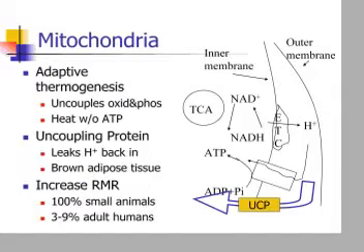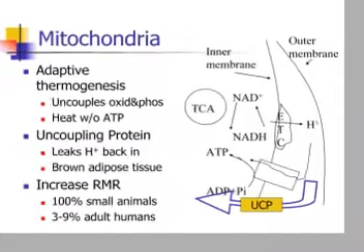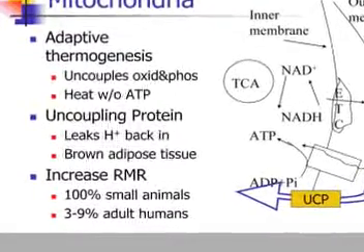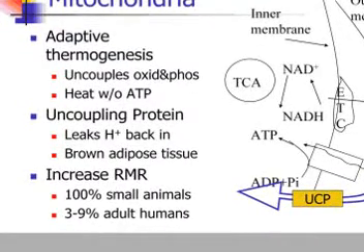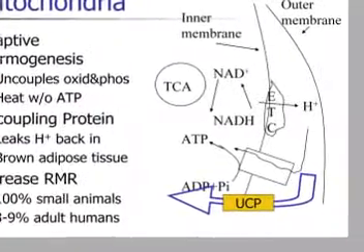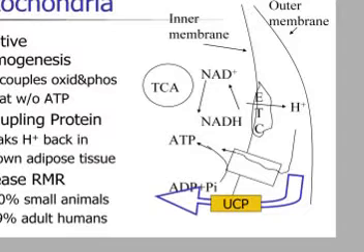In brown adipose tissue, there's a protein called uncoupling protein, which short circuits the coupling between oxidation and ATP formation.